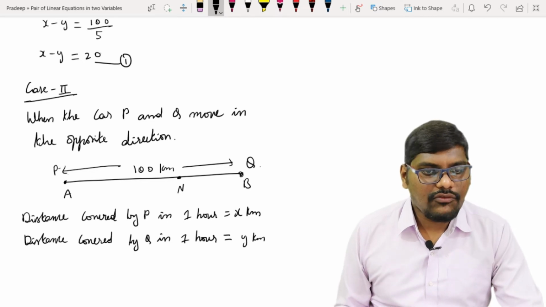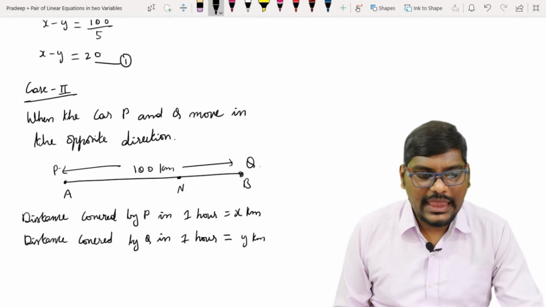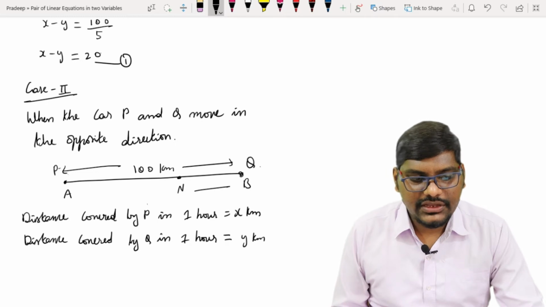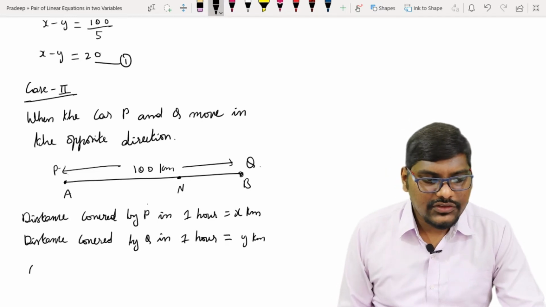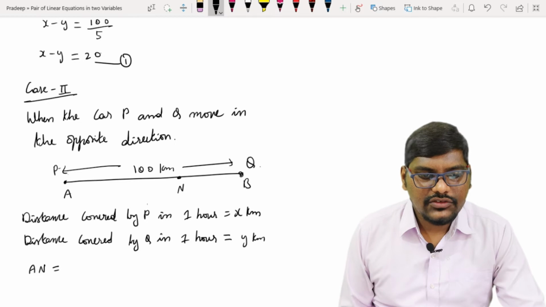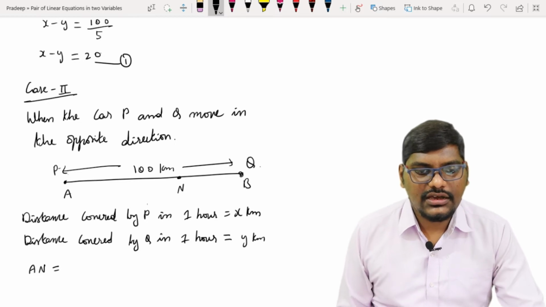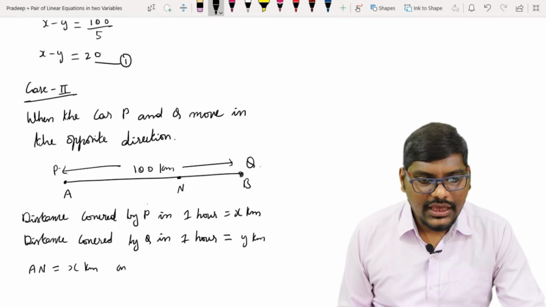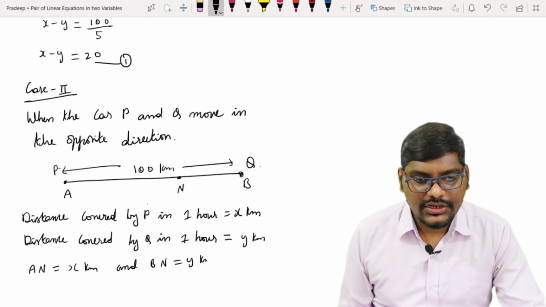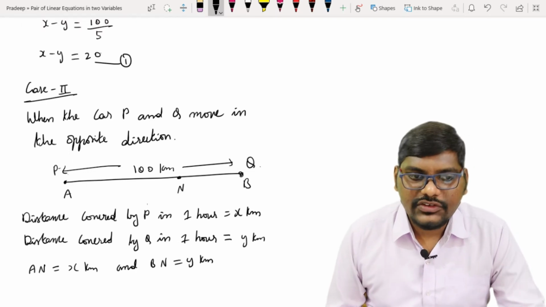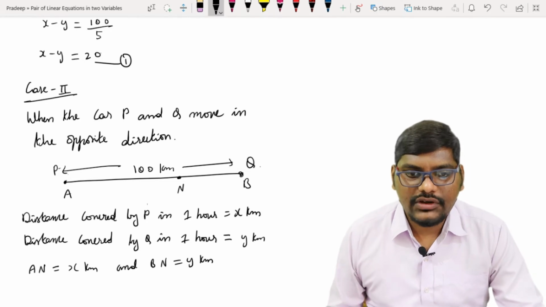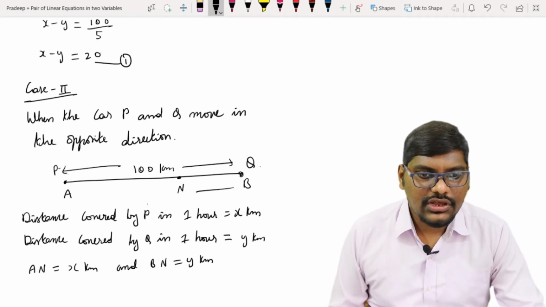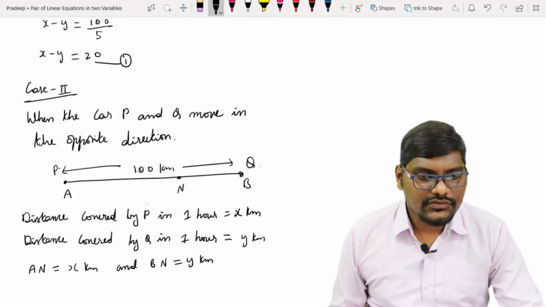So now what is AN? The distance AN, even the distance BN, that also we'll find out. What is the distance AN? Let's take only this AN part, it was x kilometer. And what about the BN part? BN is y kilometer. Okay, because we are seeing from A to N, that is what we got x. From B to N we got y, so that is what we took.